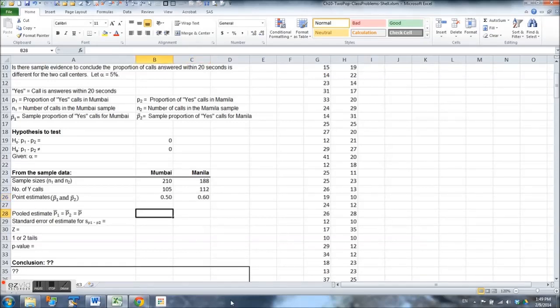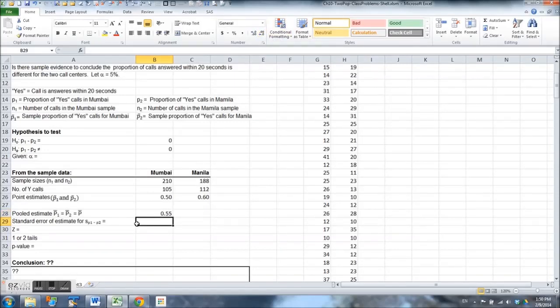Now we want the pooled estimate for hypothesis testing. So pooled estimate is you can sum the two S calls divided by the sum of the sample sizes. That is another way of computing the pooled estimate. Okay, once we have the pooled estimate, then we can compute the standard error.